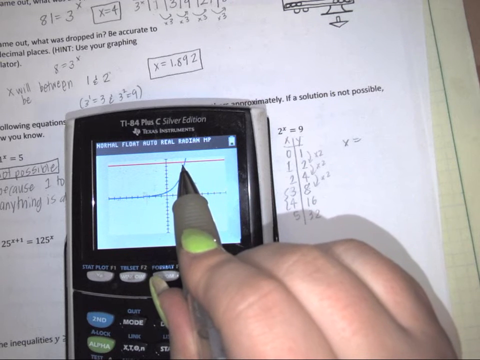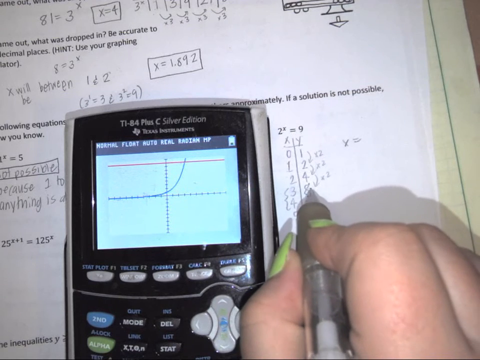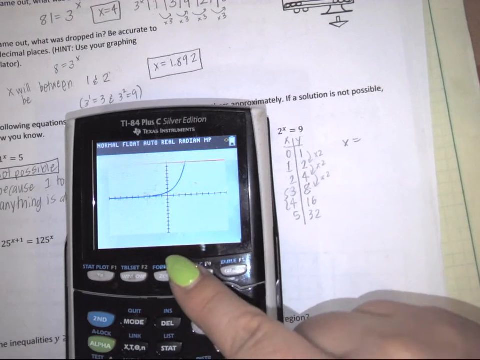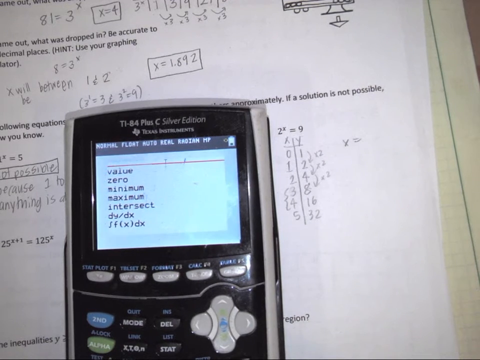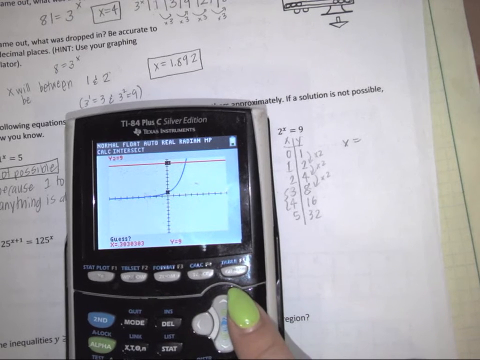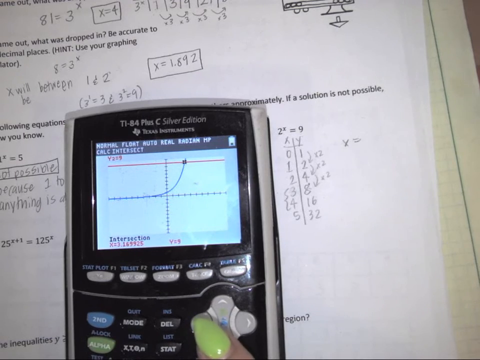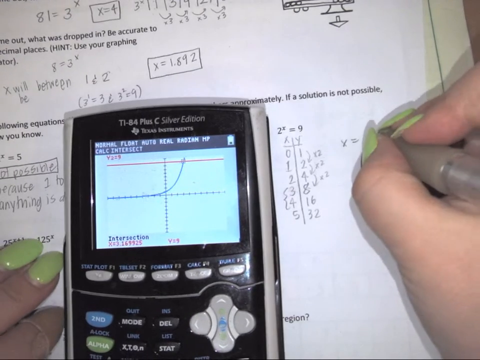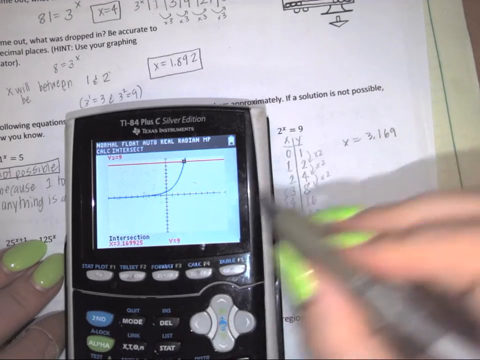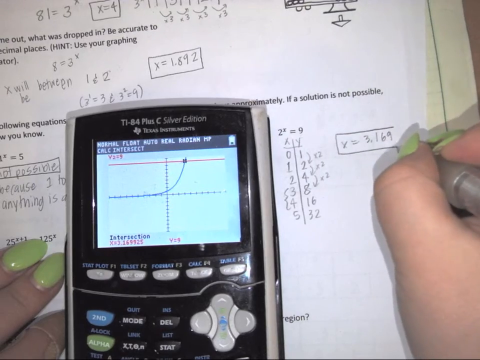We go 2nd Calc, press intersect, press enter, enter, and then move over. There we go. Our intersection is 3.169, right there. Like I said, closer to 3 than 4. So there's our answer.